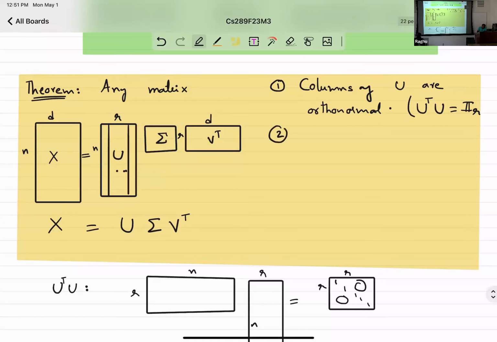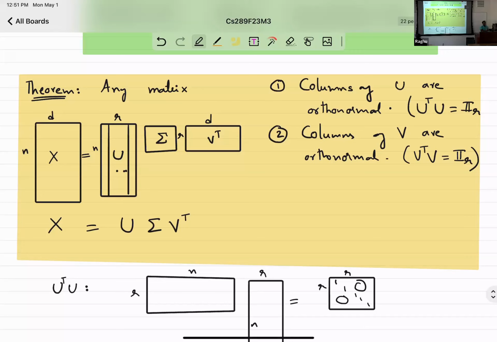And the same thing holds for V as well. Columns of V are also orthonormal. It's only when you put the two together that the condition becomes not true. Out of the three factors, U sigma V transpose, U and V are kind of nice matrices in the sense that their columns are perfectly orthonormal.